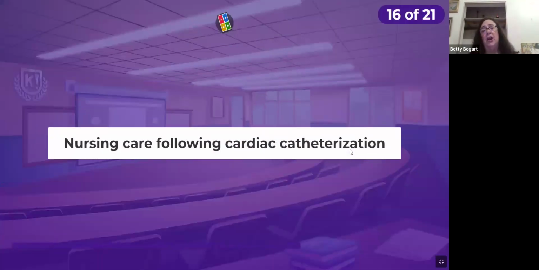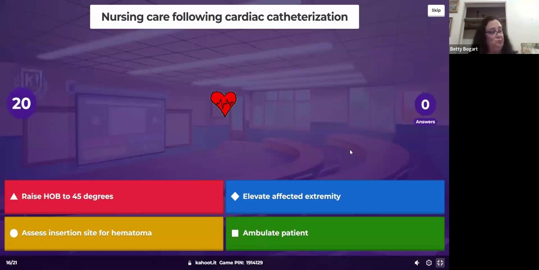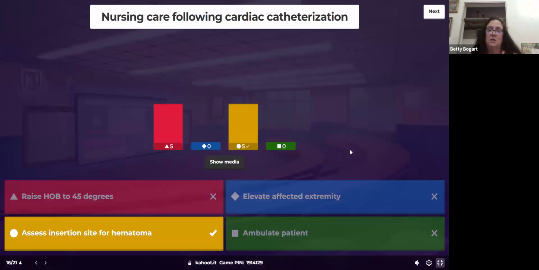Nursing care following a cardiac catheterization. After you have a cardiac catheterization, our biggest concern is that dressing, and it's all about bleeding.